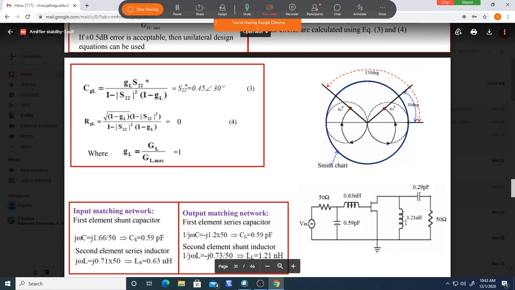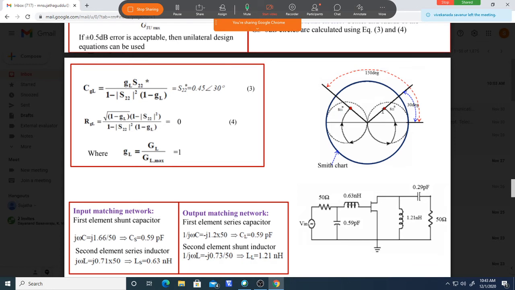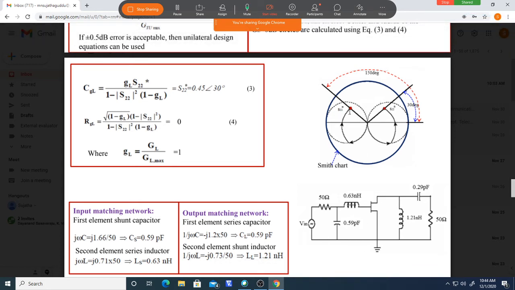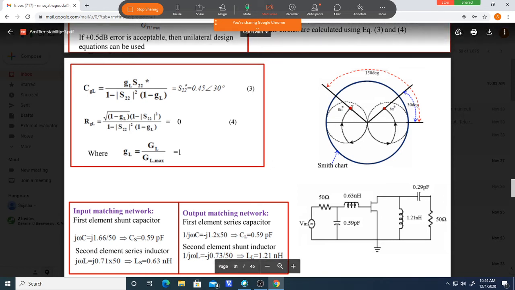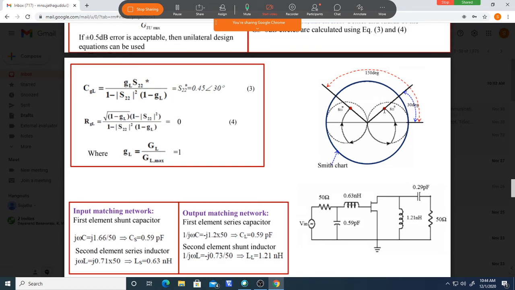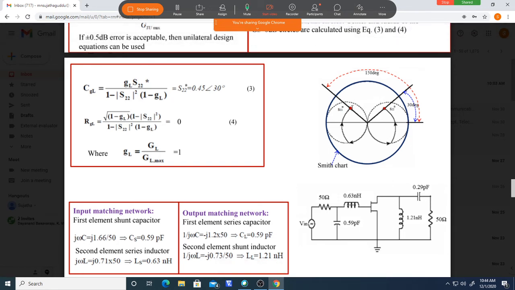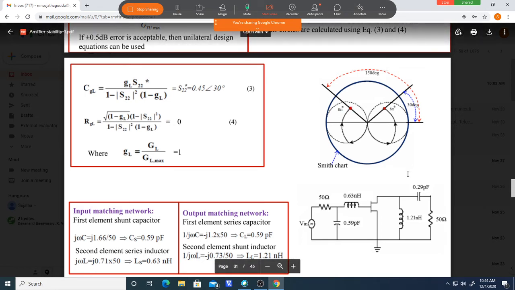So looking in this direction, impedance must be equal to this. If you set this as the input impedance, ZL equal to this, ZS equal to this, this amplifier gives the maximum gain.